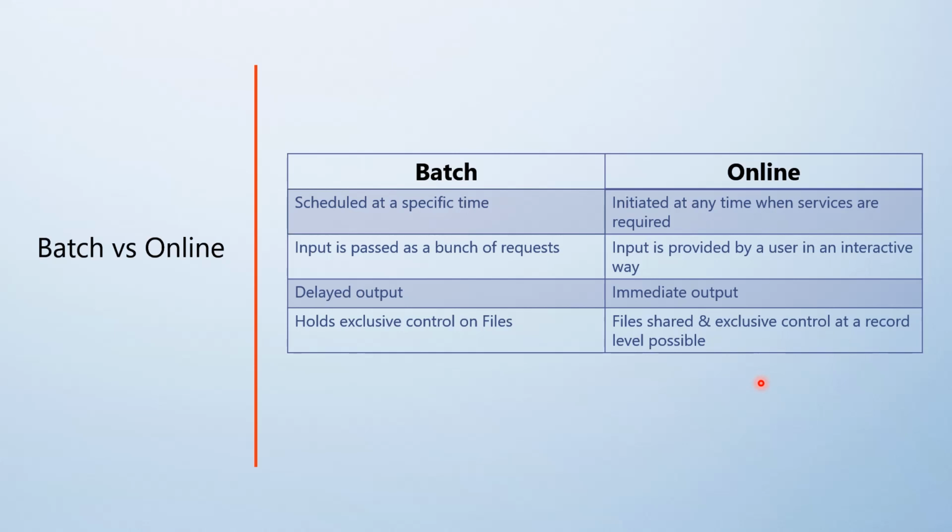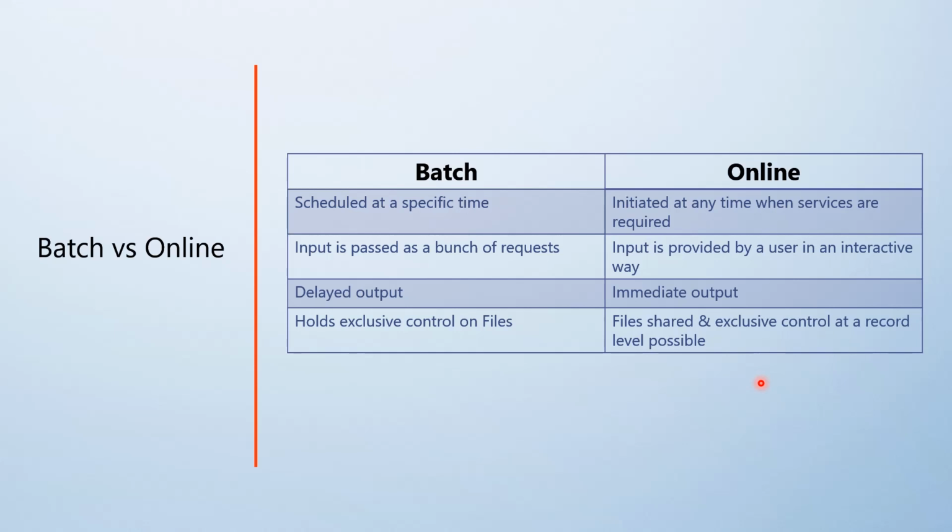But there were some concerns expressed by the users: the turnaround times were lengthy and not acceptable at all, and users were demanding up-to-date information, because batch runs take so long that the results might be outdated. Users were looking for quick response time. So that led to the online transaction processing methodology.